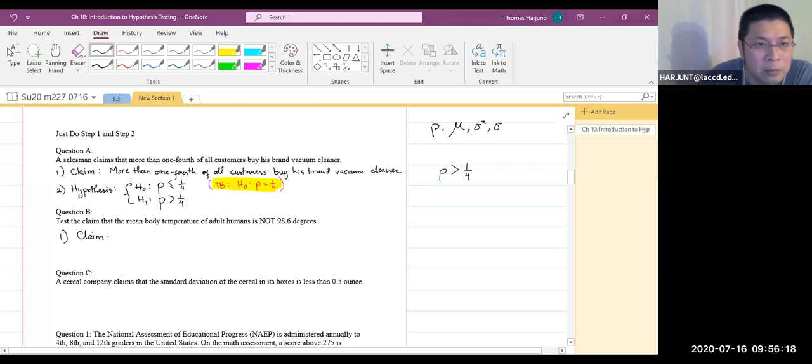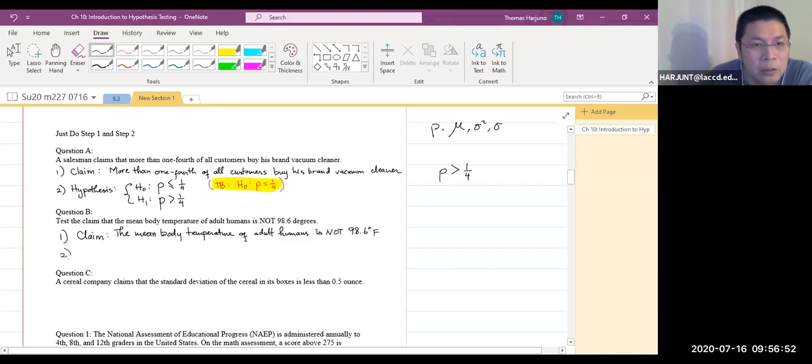The claim is the mean body temperature of adult humans is not 98.6 degrees. I should use Fahrenheit there.